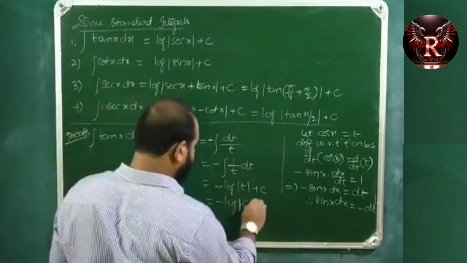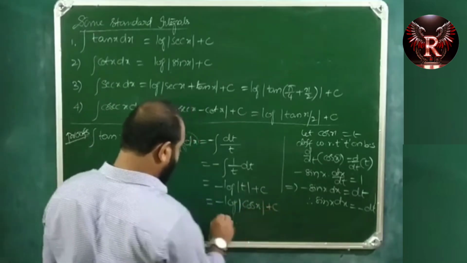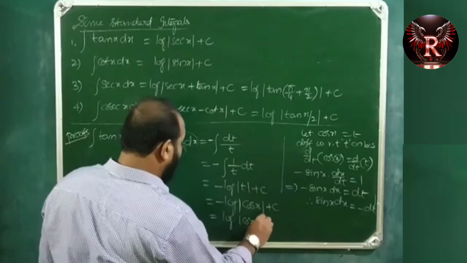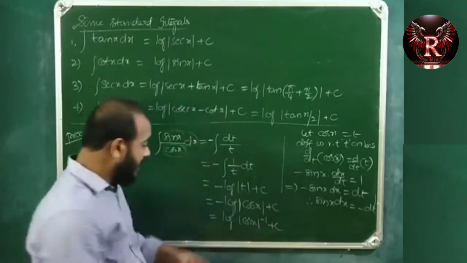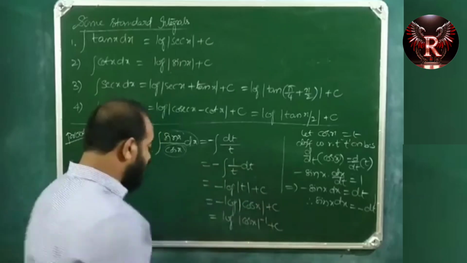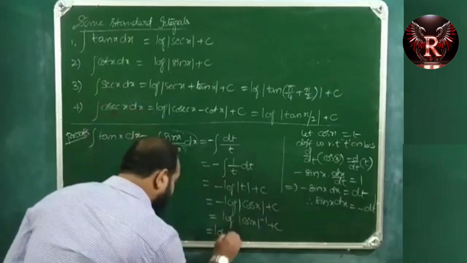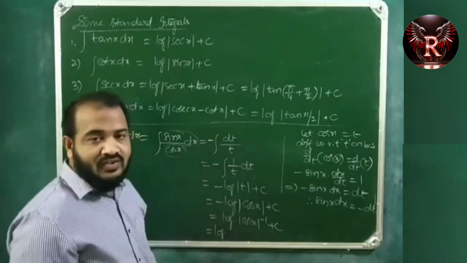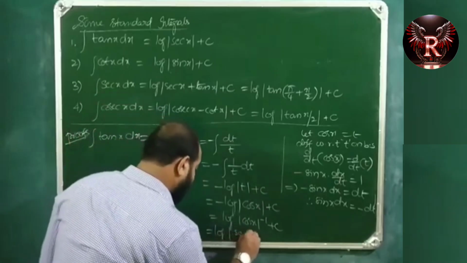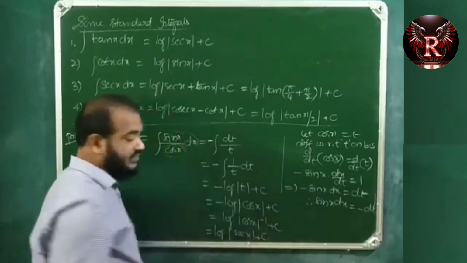Cos x plus c. Now this is log mod cos x whole power minus 1 plus c, because m log a is log a to the power of m. So this is equals to log of cos x inverse. A inverse is 1 by a. So this is 1 by cos x.